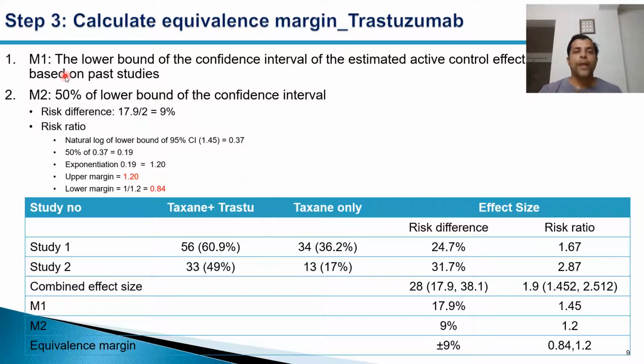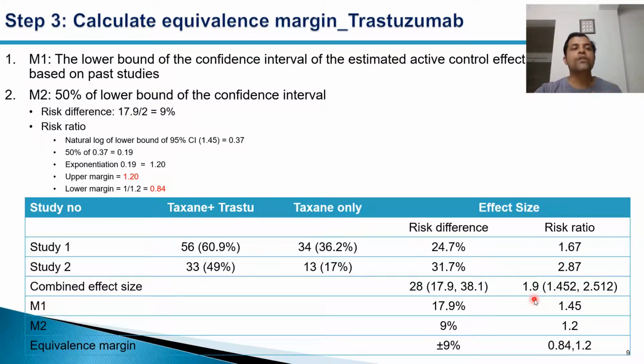So first of all, what is M1? The M1 is the lower bound of confidence interval of the estimated active control effect based on past study. So you are familiar with this table, right? In the past study, we have seen that the risk difference was 28 and risk ratio was 1.9.